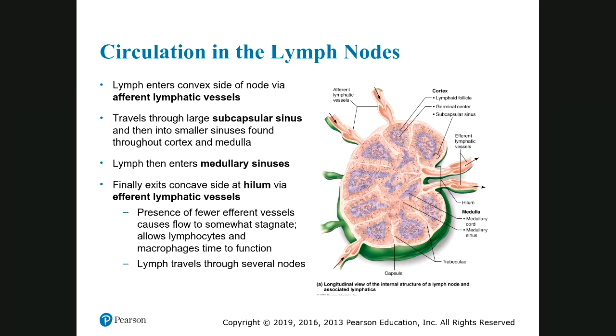The reason is that when the lymph enters the node by the afferent lymphatic vessel, it travels through this large supracapsular sinus, and then enters, though it's not labeled over here, the smaller sinuses found through the cortex and the medulla.